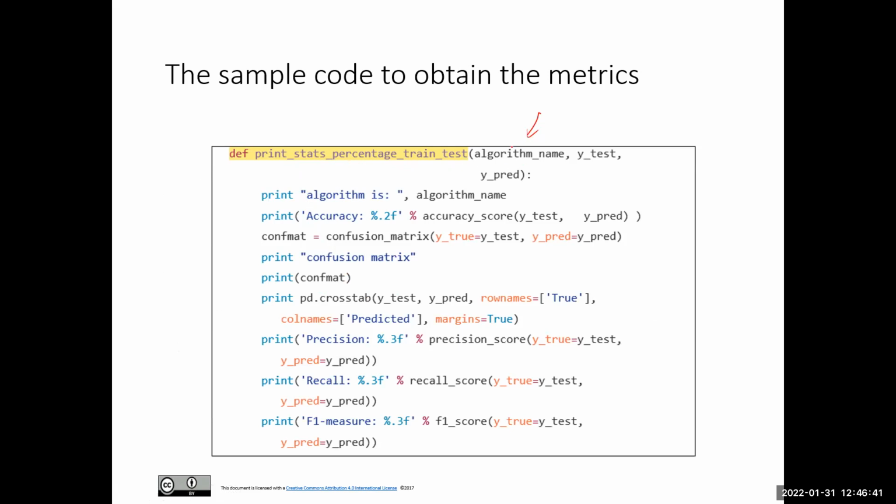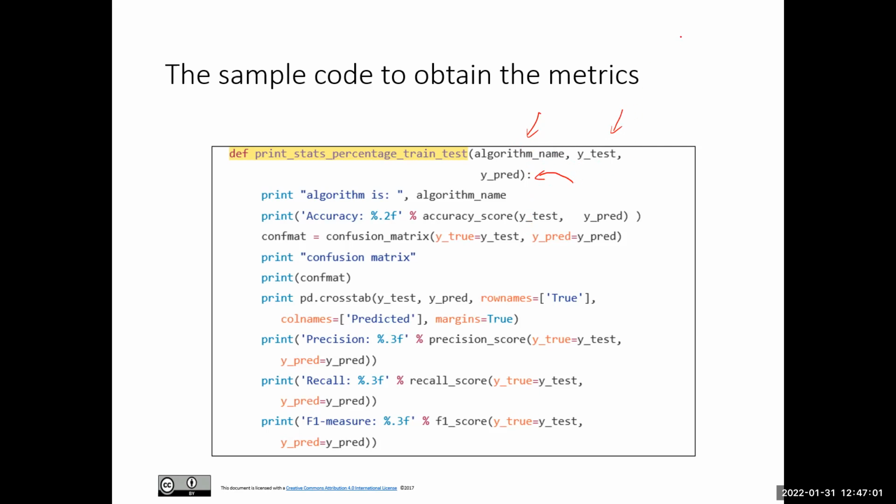You pass the algorithm name, just because whenever you're printing out results on several classifiers, you probably want to see the name of the classifier. And then you give it the Y test set and the Y pred set, and then you're going to compare.